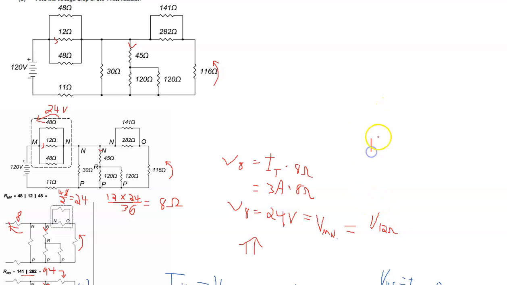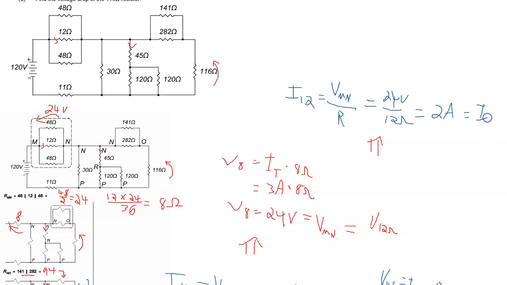So that means that the last part of our question can be answered by saying that the current through the 12 ohm resistor is equal to VMN divided by R, which of course is the 12 ohms, and we have 24 volts divided by 12 ohms, and that is 2 amps, and that is the last part of the question.